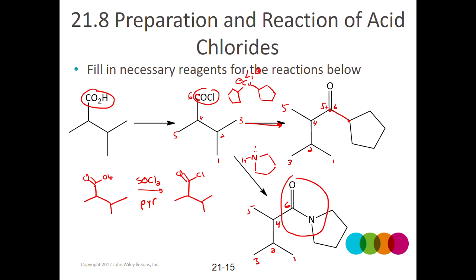So this compound, the nitrogen would come into the carbon, push electrons up to the oxygen, they'd swing back down and push out the chloride. That would give me this, except there'd be a proton here. So I need 2 moles of this so that the second one can pick off that proton that would still be here and then leave you the lone pair that you have in the amide linkage.